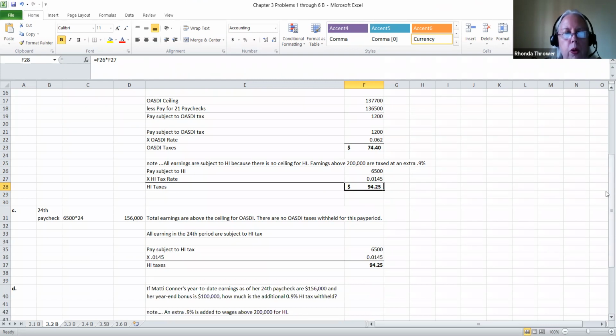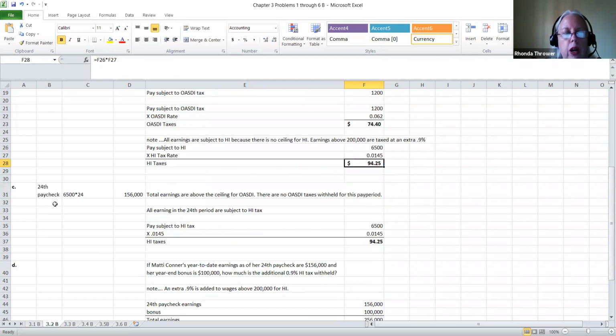So in the third part of this, they want you to figure out how much would be withheld for OASDI and HI taxes if it were the 24th paycheck. When you multiply 6,500 by 24 pay periods, you get 156,000. If you dropped it back a pay period, you would still be above the cap at 137,700. So the total earnings are above the ceiling for OASDI.